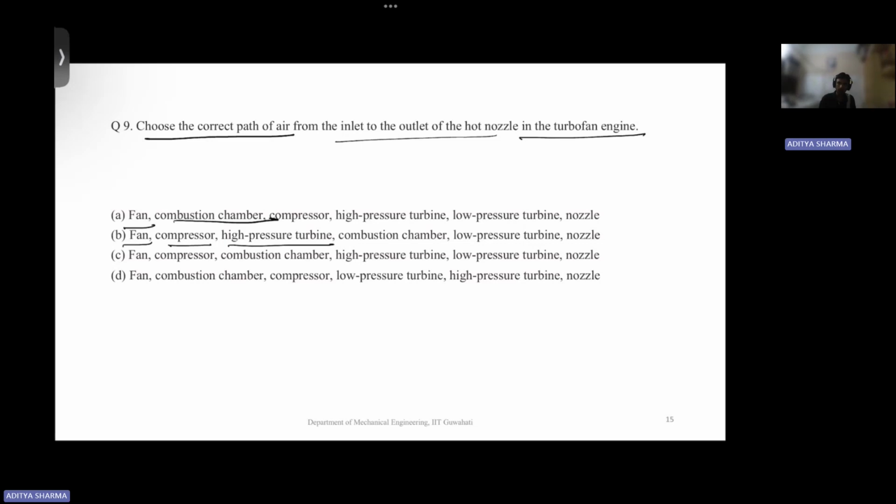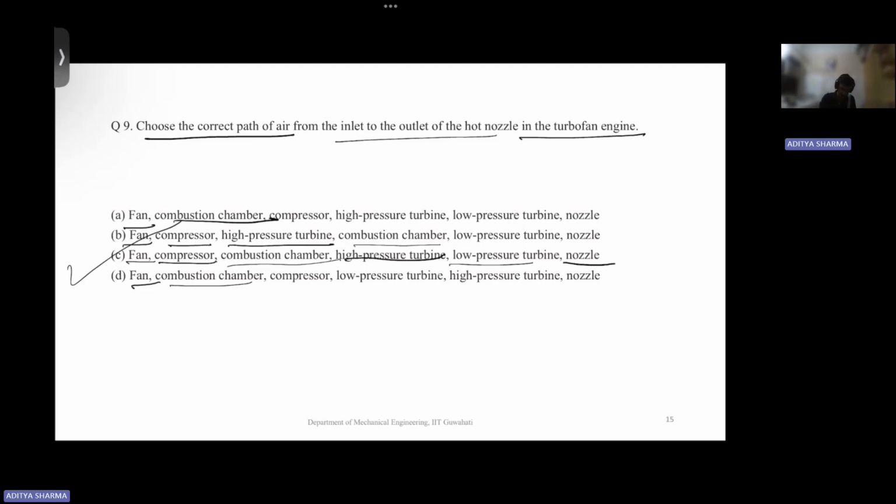How can turbine be before combustion chamber? This is not right. The third is fan, compressor, combustion chamber, high pressure turbine, low pressure turbine, nozzle. This seems right. Fourth is fan, combustion chamber. Again, how can combustion chamber come after fan?